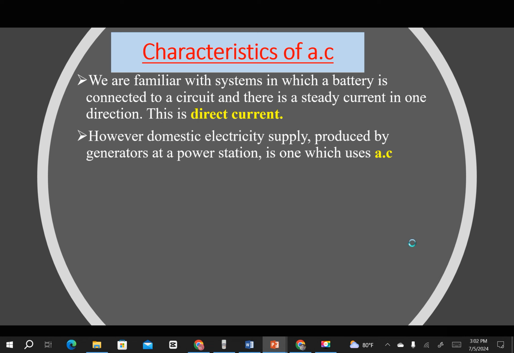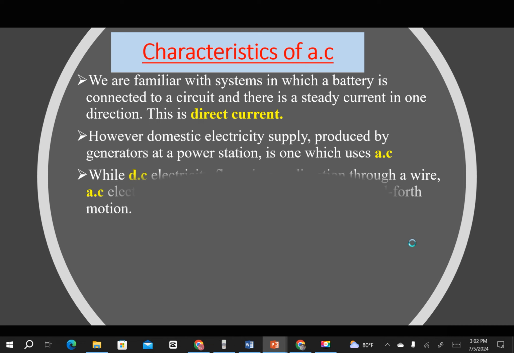However, most of the domestic electricity supply is produced by generators at a power station, and it is actually the one which uses alternating current.